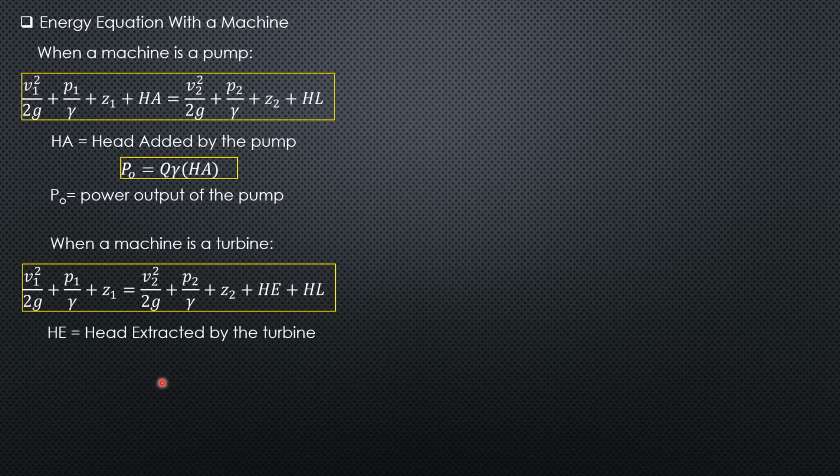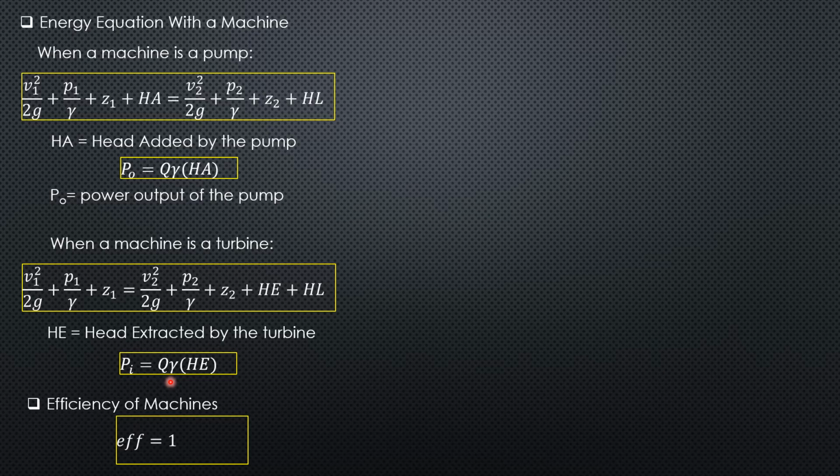Therefore, for a turbine, it is input power because the energy comes from the head of water, in a hydropower plant. So Q gamma times HE, where HE is the head extracted by the turbine. Then the efficiency of machines is 100% times power output over power input.